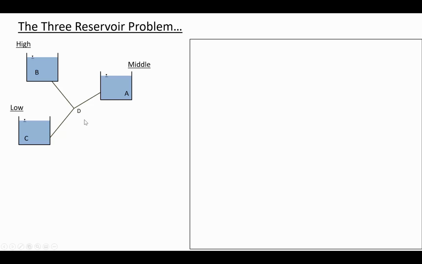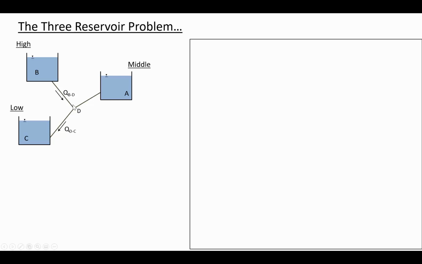Now, by inspection, we know which direction the water is going to flow for two of those reservoirs. We know, for instance, that the flow is going to go from reservoir B towards the central junction. And so here you can see that an arrow indicates that QBC is going from tank B towards the central junction.